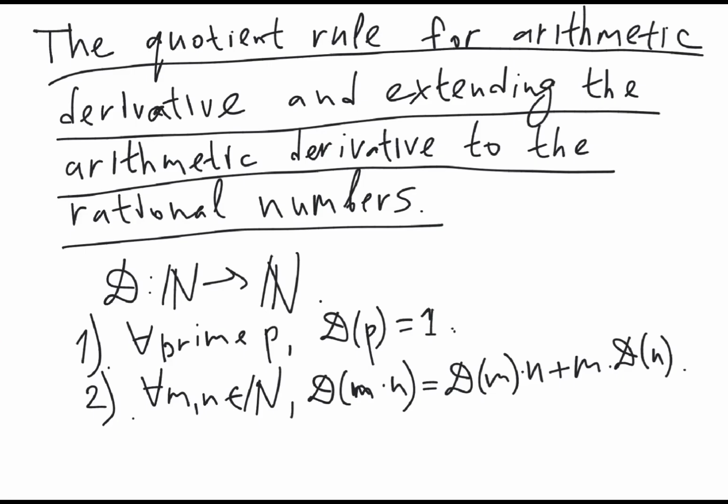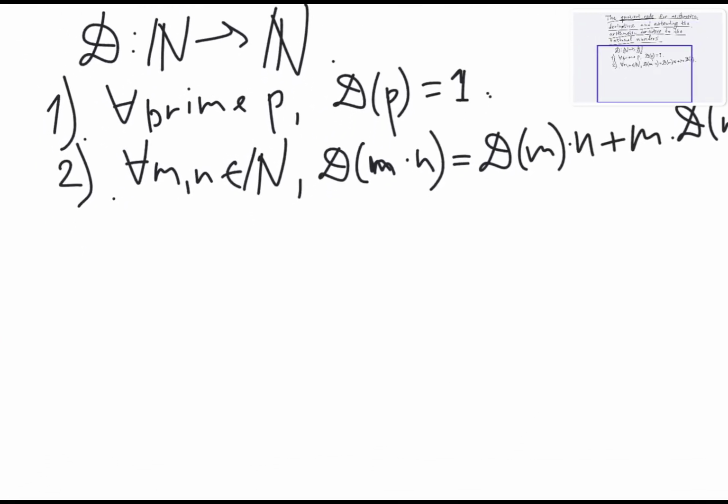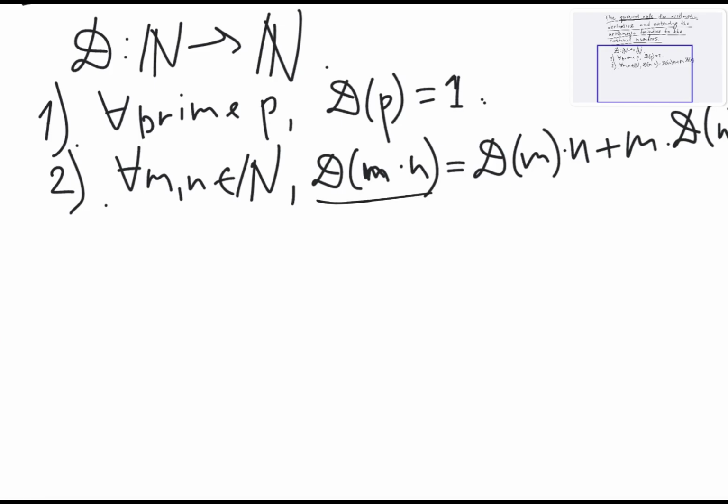Now I will show that it's possible to extend it to the rational numbers as well. But first I'm going to show that the regular quotient rule that holds for the regular derivative of functions in mathematical analysis holds also for the arithmetic derivative. So the product rule actually implies the quotient rule.